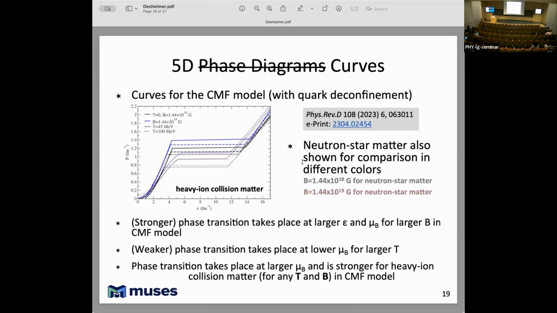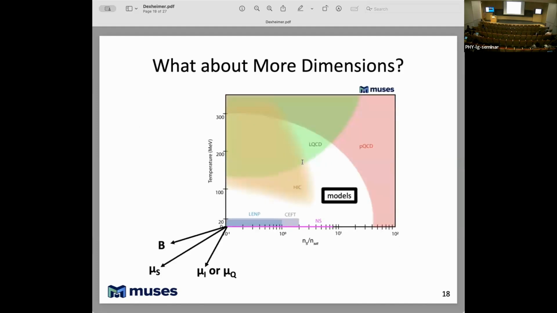Can you also let us know roughly what region of a realistic heavy ion collision this diagram covers, and what would be the neutron star region, in the previous pressure versus energy density plot? Right now, what MUSES is going to be able to cover is a very small portion of the whole thing.